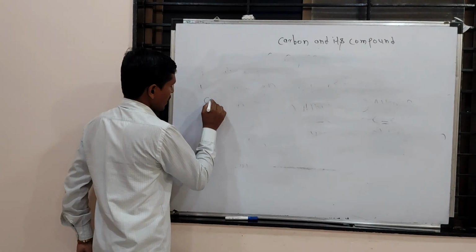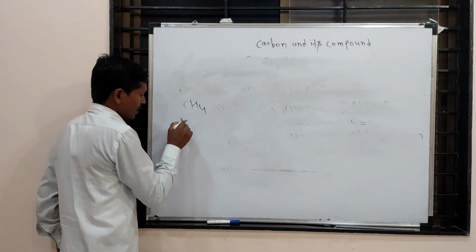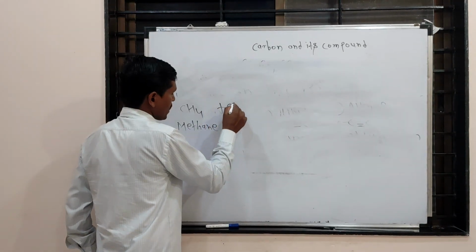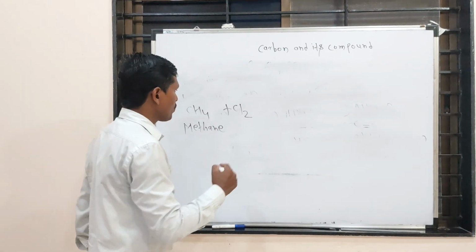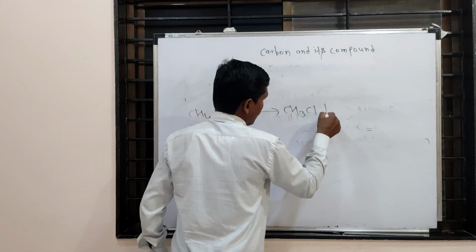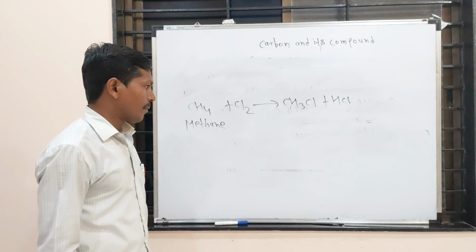For example, I will take the simplest hydrocarbon, methane. This methane reacts with chlorine, Cl2. So what happened here? We get CH3Cl plus HCl.